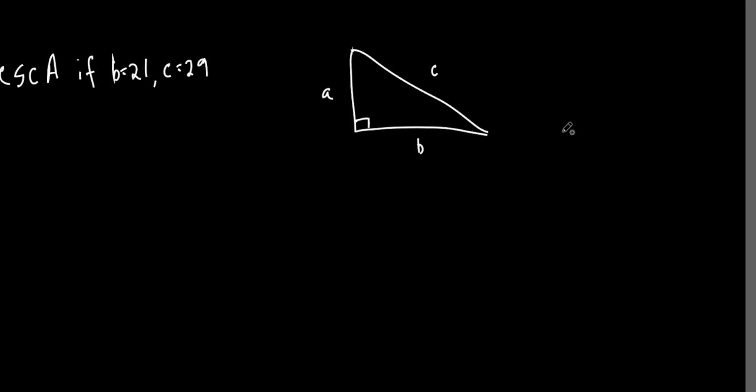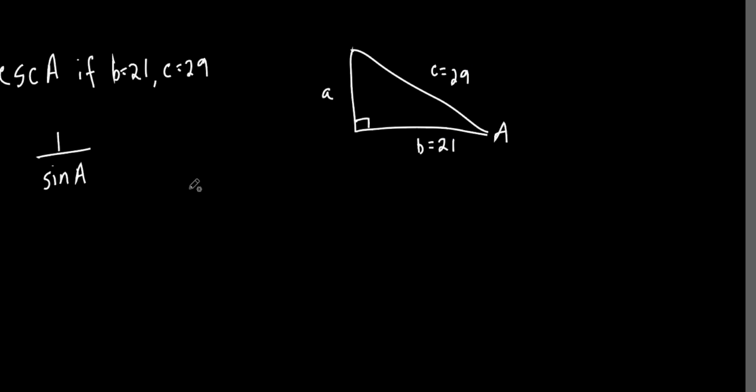All right, so we got a little right triangle here, and there's angle A. First of all, what's the cosecant? Cosecant goes with the sines, the inverse of the sine. So it's 1 over the sine of the angle. So what is B? That's 21. C is 29.